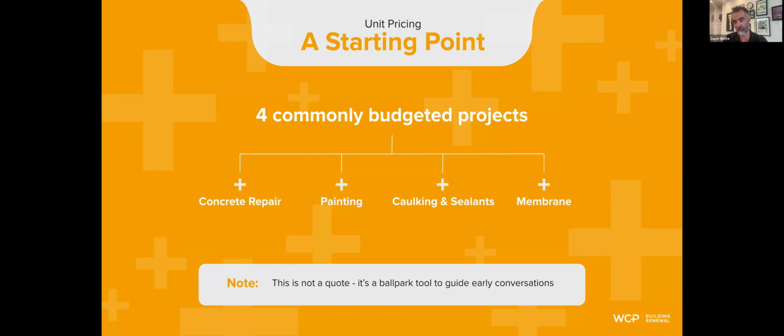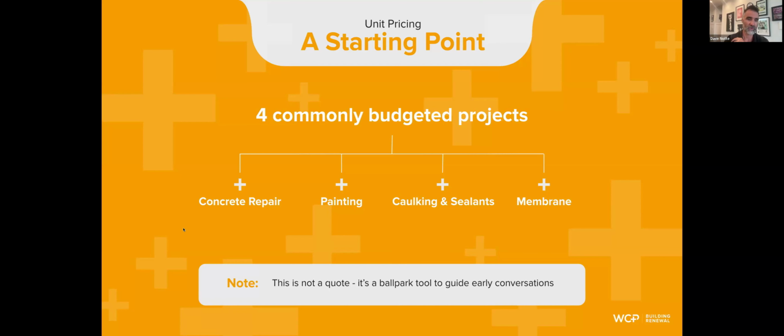The third and final one would be linear foot. How much per linear foot to redo the sealants around the perimeter of a window? How much per linear foot to do expansion joints? So we're going to look at some common situations that you need to prepare budgetary pricing for and give you some market price benchmarks.